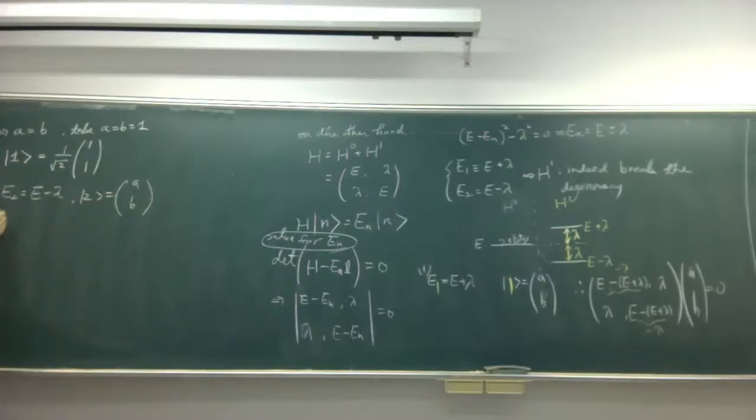And I just plug it in, so I can get the matrix E minus lambda, lambda, lambda, E minus lambda, acting on (A, B) equals 0. So here you can easily see that this is lambda, this is lambda, and that implies A equals minus B.